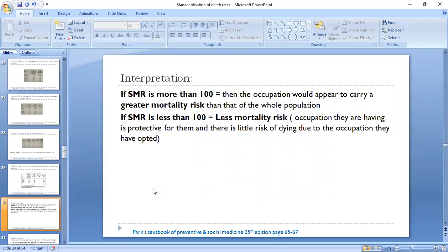So how do we interpret this standardized mortality ratio? The rule is, if the standardized mortality ratio is more than 100, then the occupation would appear to carry a greater mortality risk than that of the whole population. And if the standardized mortality ratio is less than 100, then there is less mortality risk, or the occupation is protective for them and there is little risk of dying due to the occupation they have opted for.